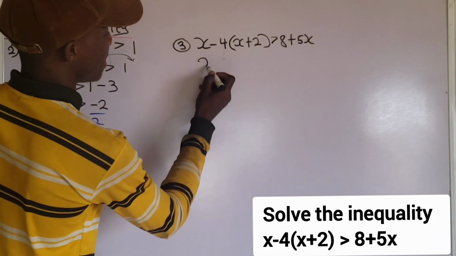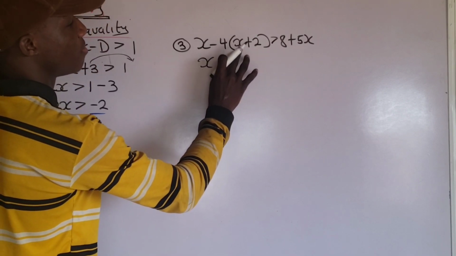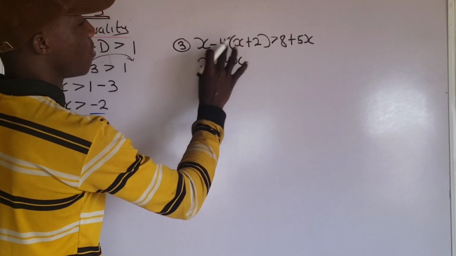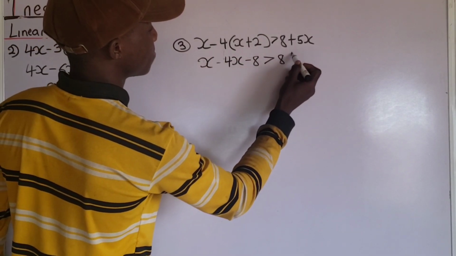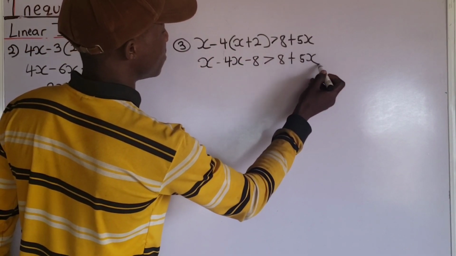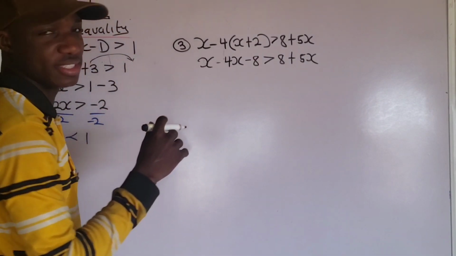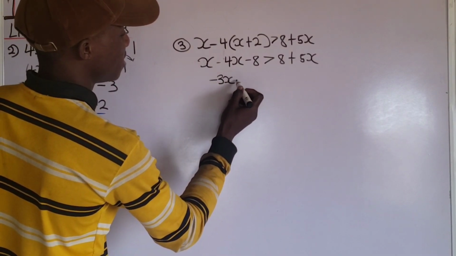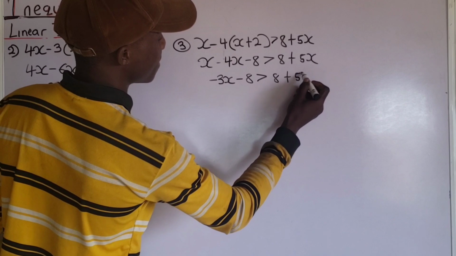We are going to have x, -4 multiplied by x, that is -4x. -4 multiplied by +2, that is -8, is greater than 8 + 5x. Okay? Now, x - 4x, that is -3x. So I'm going to have -3x - 8 is greater than 8 + 5x.